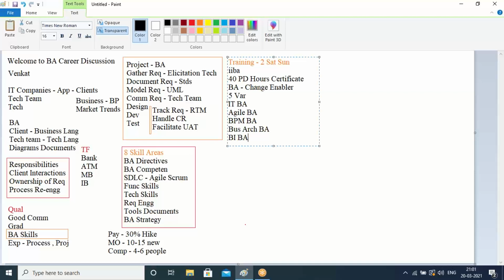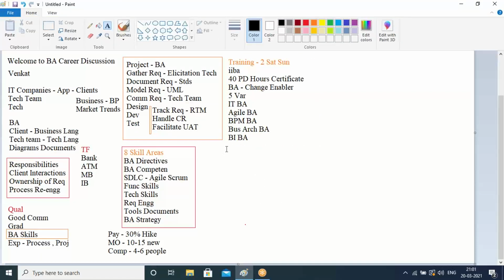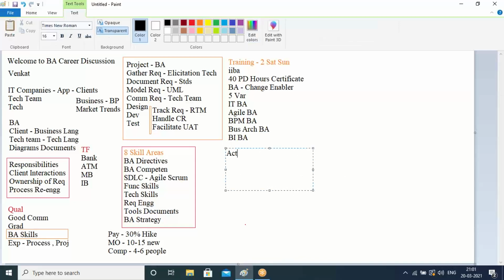Now, the way we induce knowledge in the training is through activities. It's activity based learning. Initially, we'll introduce you to a concept. Then we explain that particular concept. Then we make you practice on it.